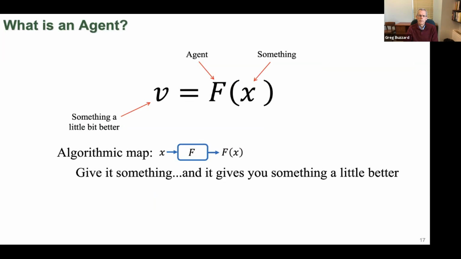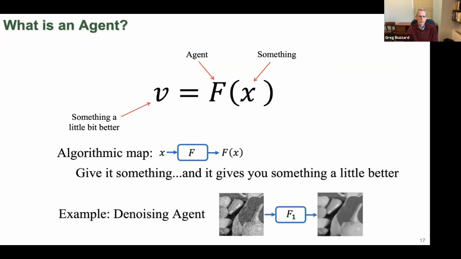It doesn't completely minimize the resulting image in terms of the function little f, but it takes a step towards minimizing it. And so an example is a denoising agent. You can start with a noisy image, you apply your denoiser, and it gives you this improved output. And depending on how you define this, you could adjust the regularization strength and use that to control the step size.